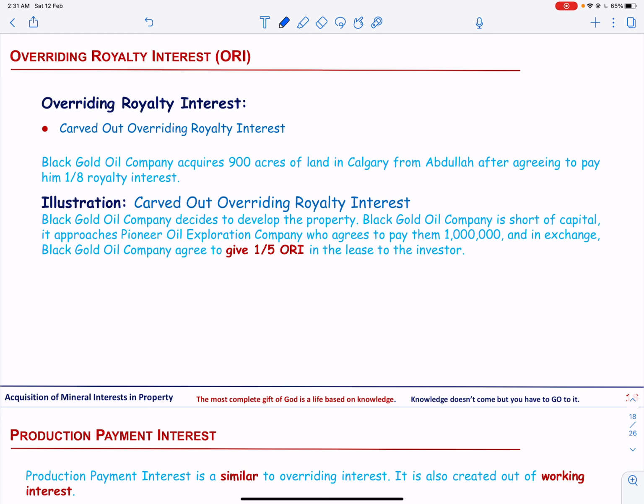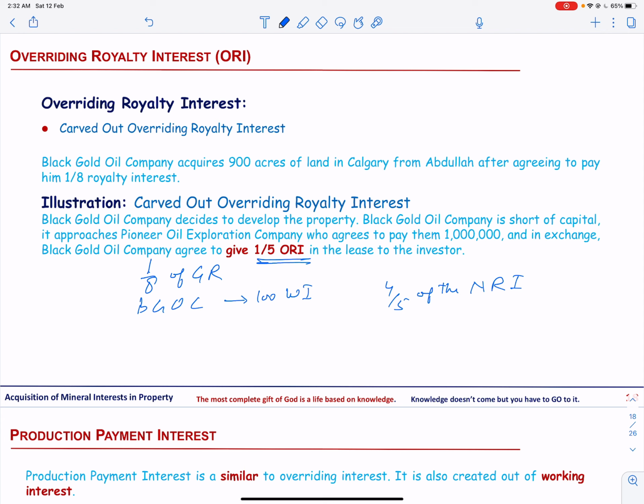So again Abdullah will receive 1/8 of gross revenue from the property. Black Gold Oil Company, they have 100% of the working interest, but they will receive 4/5 of the net revenue interest, as 1/5 goes for the overriding.